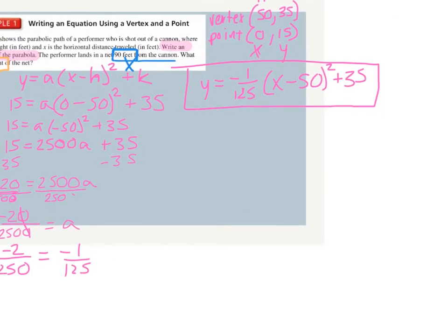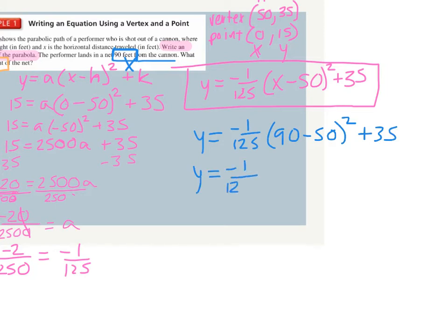So let's plug in 90. So we have y is equal to negative 1 over 125 times 90 minus 50 squared plus 35. So 90 minus 50 would be 40 squared.